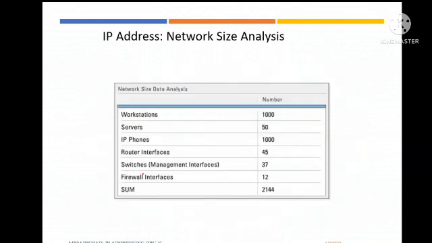So what we actually do with network size analysis is, in the table you can see the number of workstations in a campus or in the network in a company. If the number of workstations is 1,000, you may plan to have 50 servers. Sometimes now we have IP phones, that means internet enabled phones. I don't know whether you know about it.